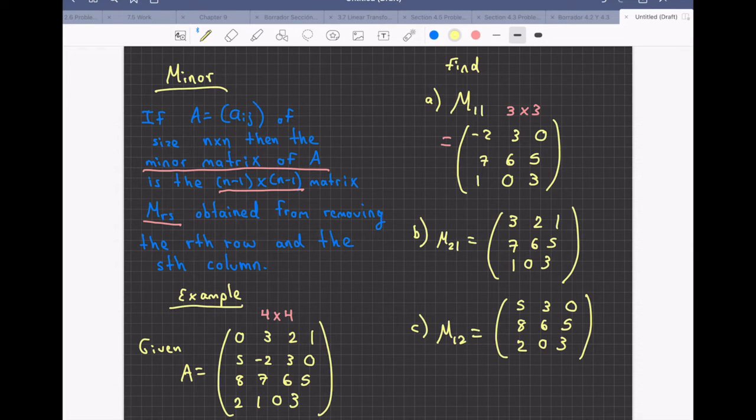And again, notice how the sizes of these matrices are 3 by 3. So a minor is a matrix.